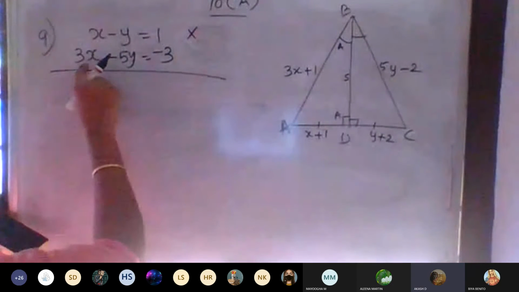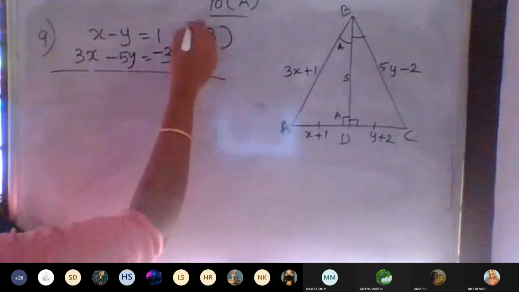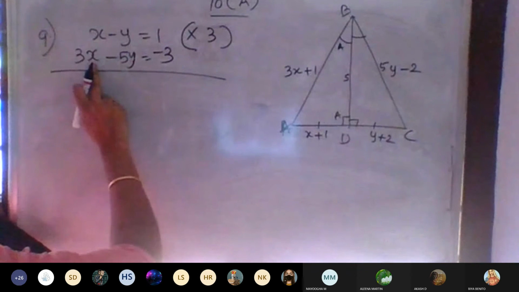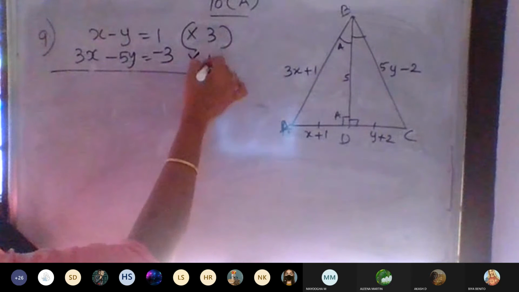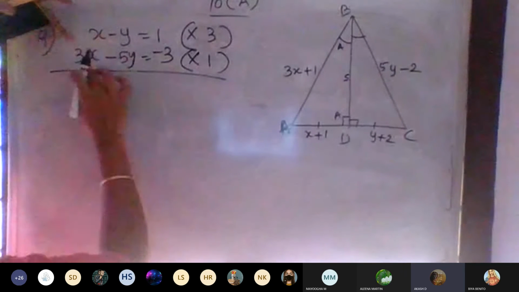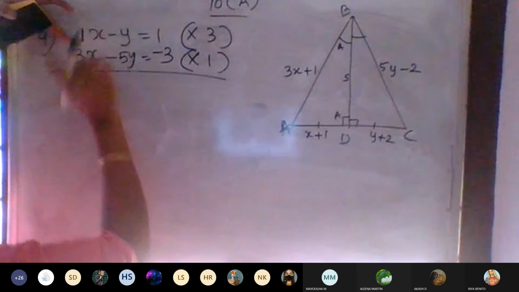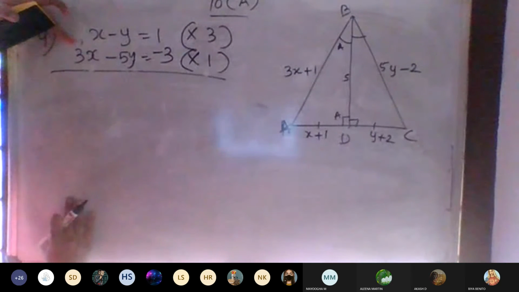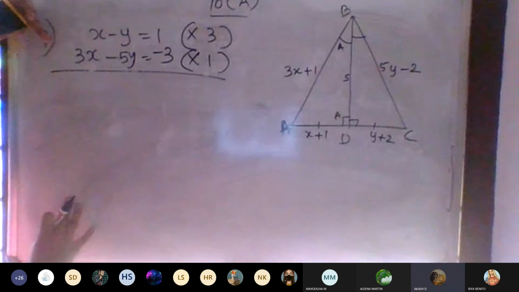Either we can equate the coefficient of x or y, both are correct. Here I am equating the coefficient of x: in 3x the coefficient is 3, and in simply x the coefficient is 1, so we multiply equation 1 by 3. Any doubt in this? Please raise your hands. Clear, no?